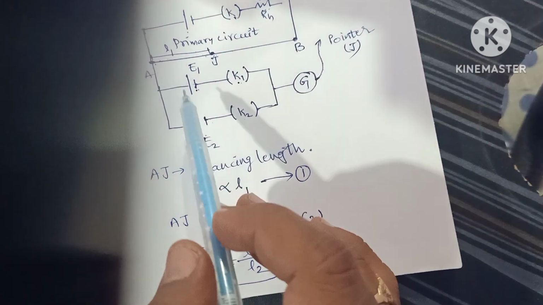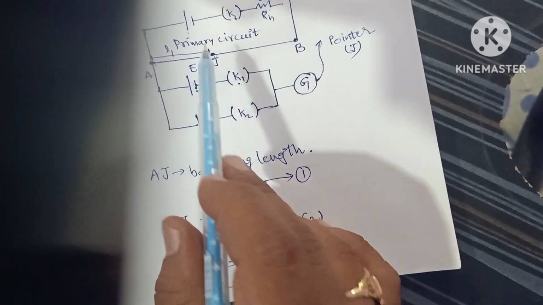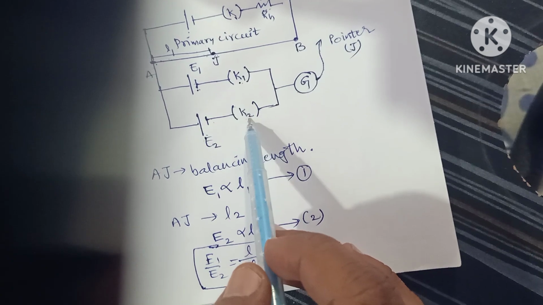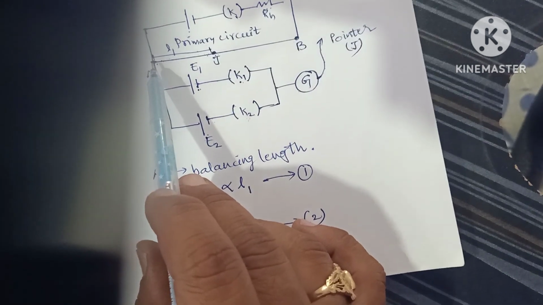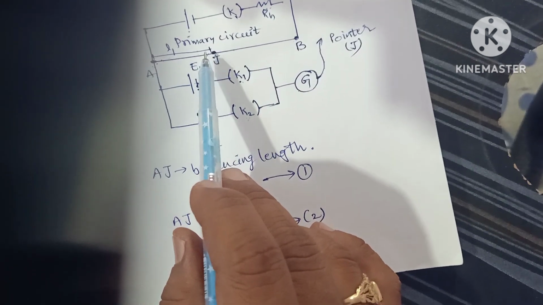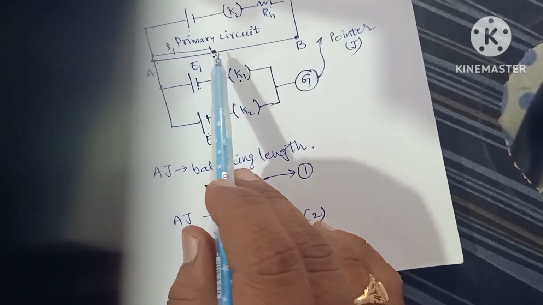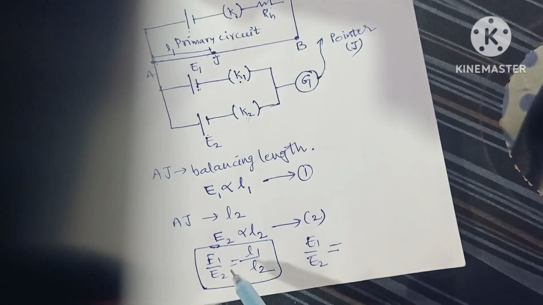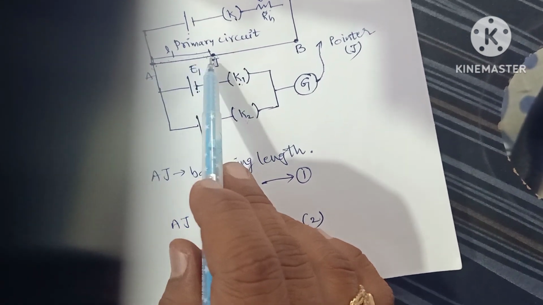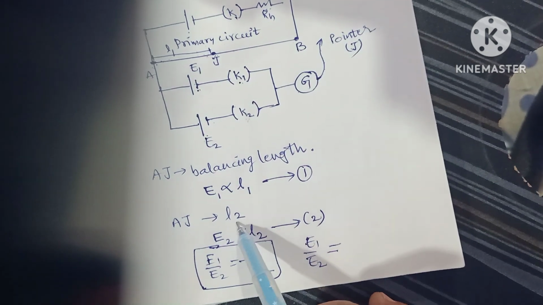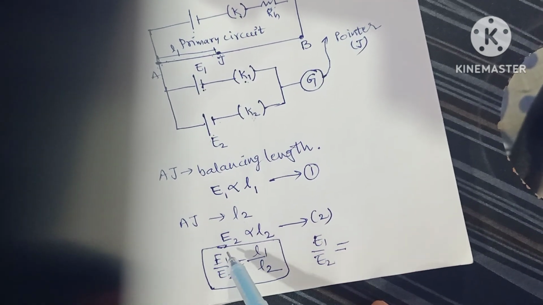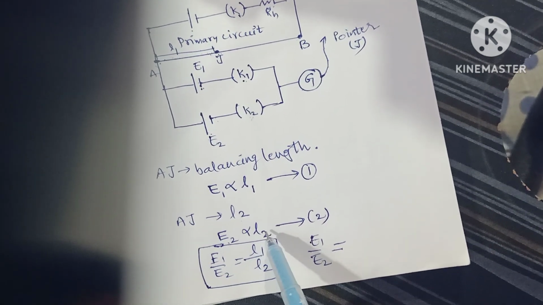Then E2 is included in the circuit by closing key K2. Again the pointer is moved from A to J. At a particular point we get zero deflection, and that A to J is considered as L2, and again we can write E2 proportional to L2.